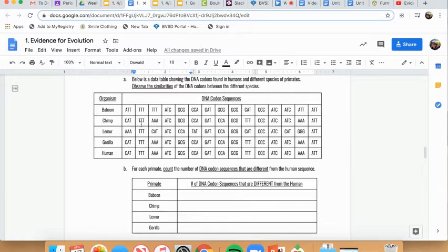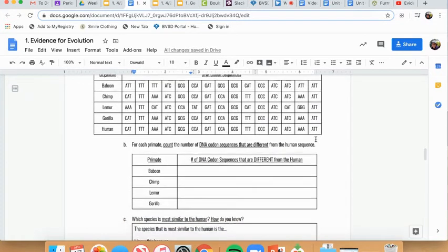For example, if you look at the second column there, all 5 organisms have the exact same DNA codon sequence. Again with the final column, all 5 organisms have an identical DNA codon sequence. So that should already be starting to show these similarities.